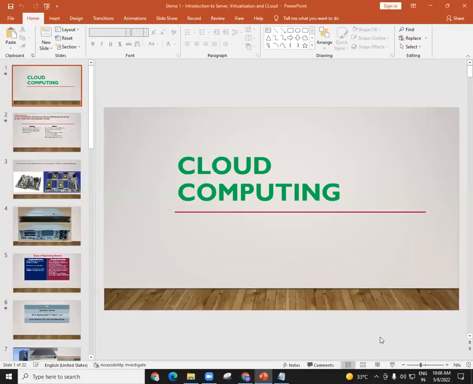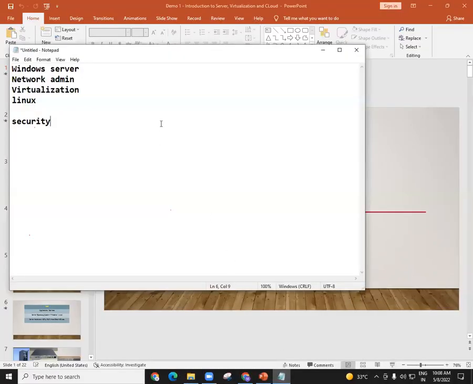What is the internet? The internet is a public computer network. But there is also something called an intranet, which means your private network, your company's network.